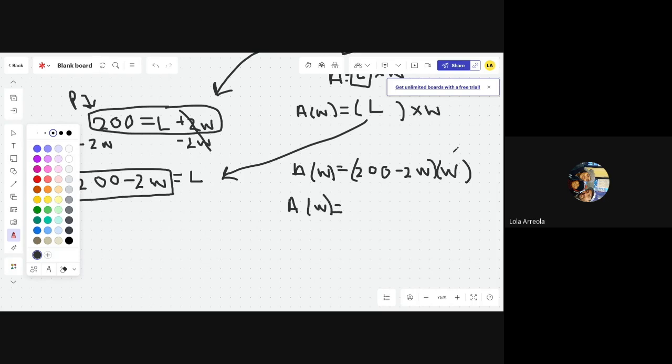Okay, so I have W times 200, which is 200W.